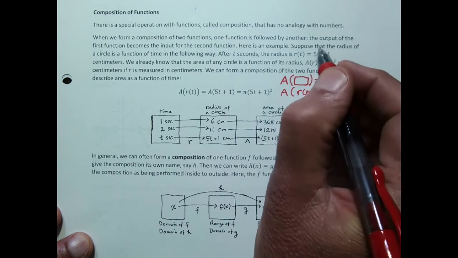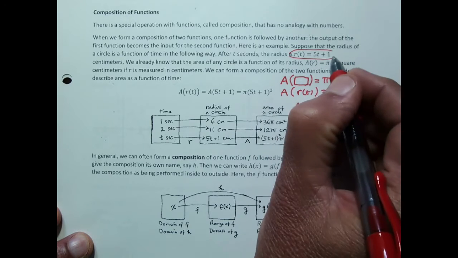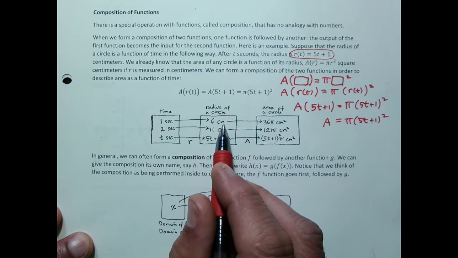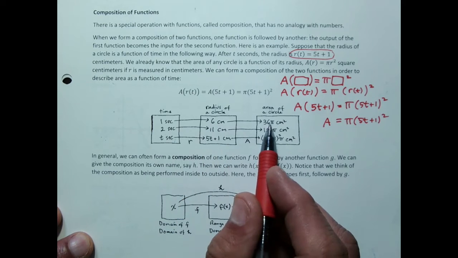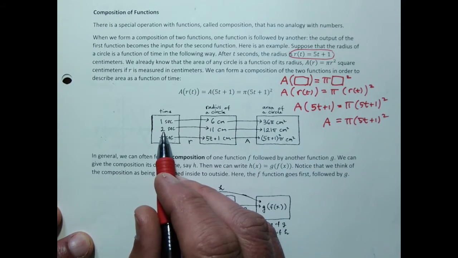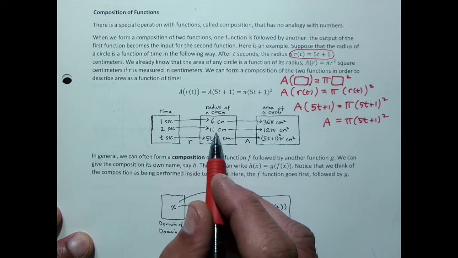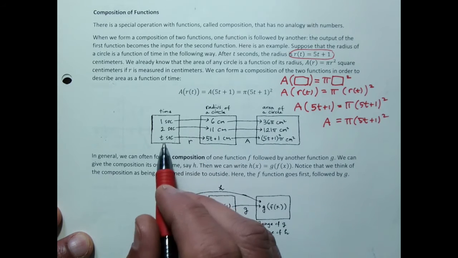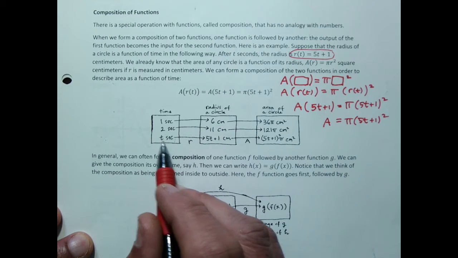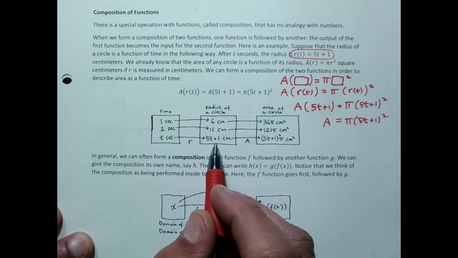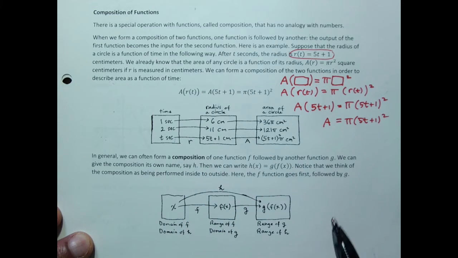I just plugged 1 into that 5t plus 1 formula. And then if the radius is 6 centimeters, pi r squared is 36 pi. At 2 seconds, here's the radius of the circle. Plug into the area formula. So here's the composition. First, time gives us the radius, and then the radius gives us the area.